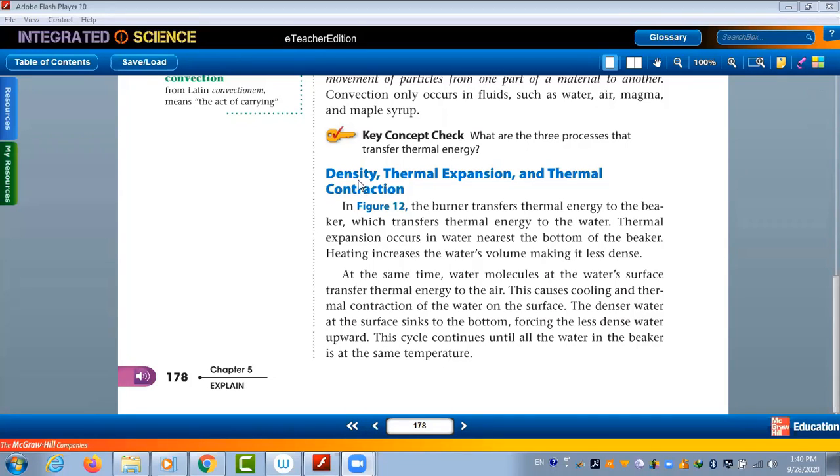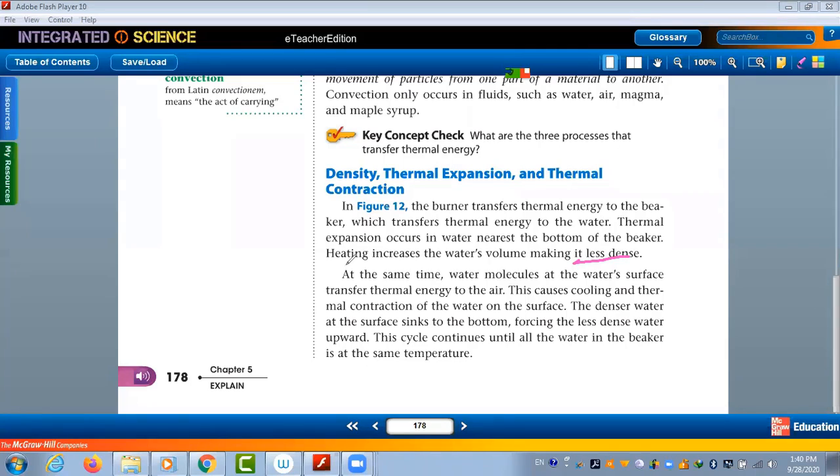Density, thermal expansion, and thermal contraction. In Figure 12, the burner transfers thermal energy to the beaker, which transfers thermal energy to the water. Thermal expansion occurs in water nearest the bottom of the beaker. Heating increases the water's volume, making it less dense.